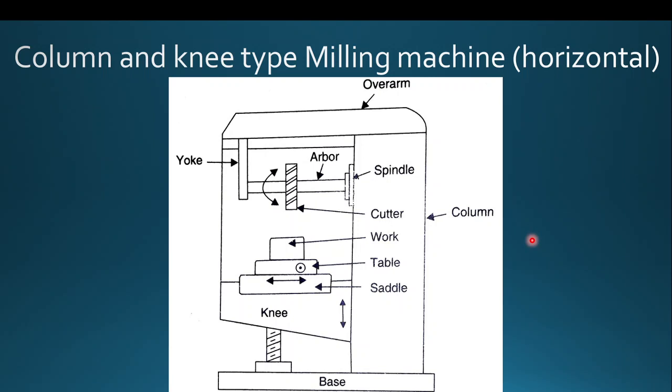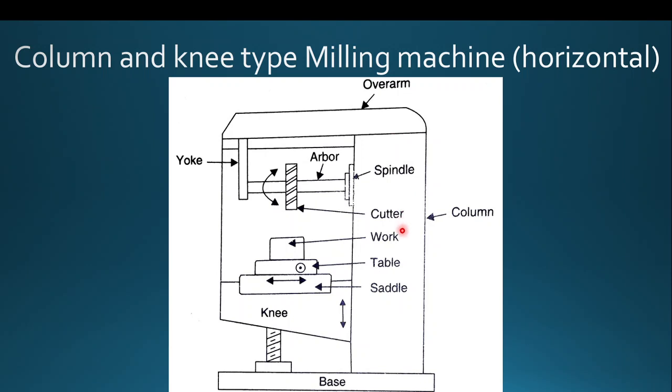And let's see some basic components of some important types of milling machines. The first one is the column and knee type milling machine having a horizontal spindle. See, this is the simple 2D view of a milling machine. In that machine, it is called column and knee type.